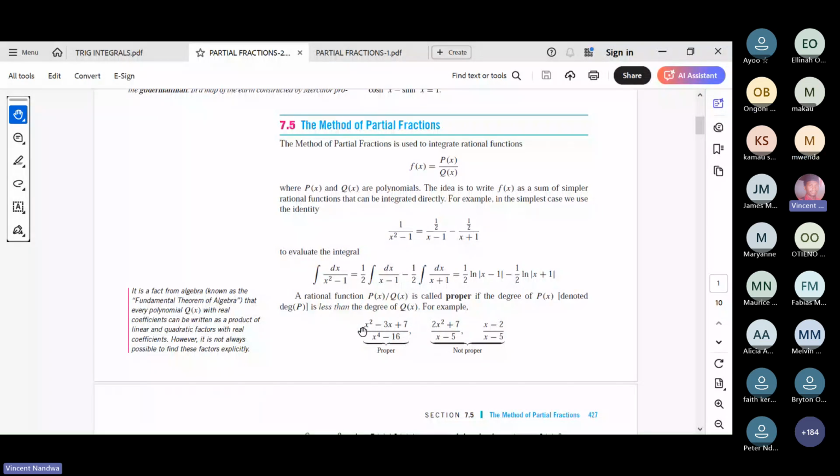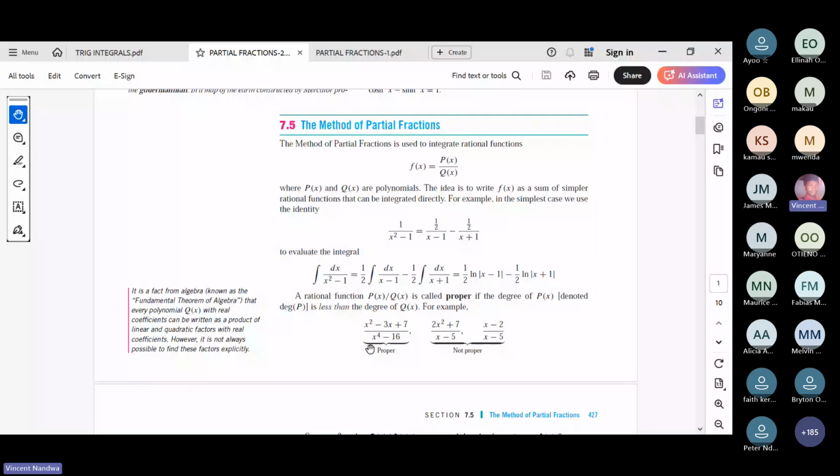The highest power of x is 2. And the function x to the power 4 minus 16 is of degree 4 because the highest power of x in this function is 4. So a polynomial of degree 2 over a polynomial of degree 4 is an example of a proper rational function because the degree of the numerator is strictly less than the degree of the denominator.